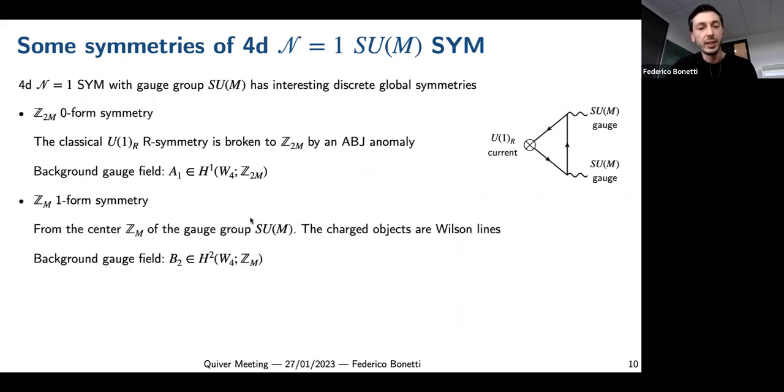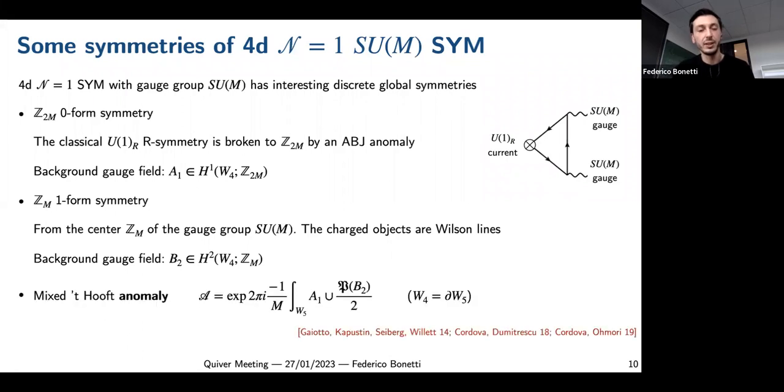The second ingredient is a one-form symmetry. This is Z_M, as in SU(M), because this is indeed the center of the gauge group, as is quite standard. And thus, for instance, we know that the charged objects are precisely the Wilson lines. And the background field for this is simply an object of the same kind, but of degree 2. And finally, as I advertised earlier, these two global symmetries have a mixed 't Hooft anomaly.